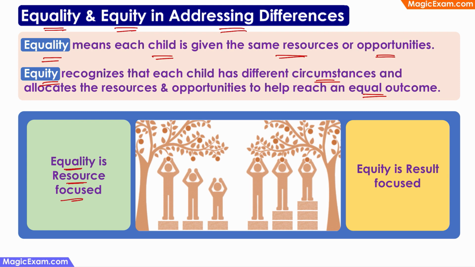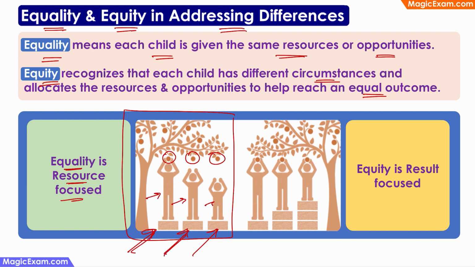For example, if you look at this picture, right? Here you are giving the same kind of support or the same kind of resource to all the children. But this doesn't mean that all the children will reach the same result. Right? Because they have individual differences, even though they have the same opportunities, they are not able to reach the same result. Right? Whereas equity is result focused.